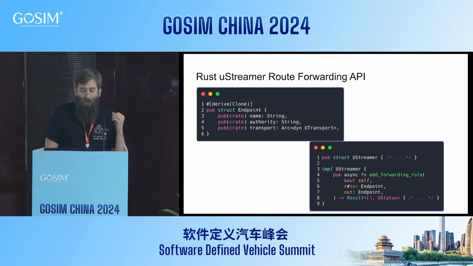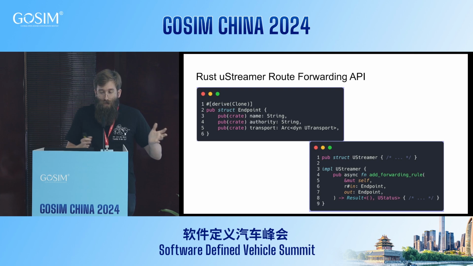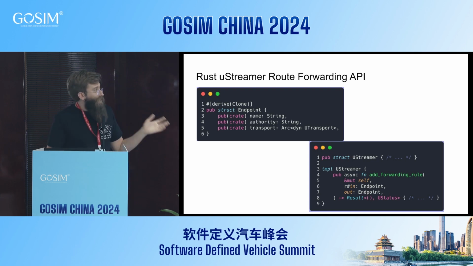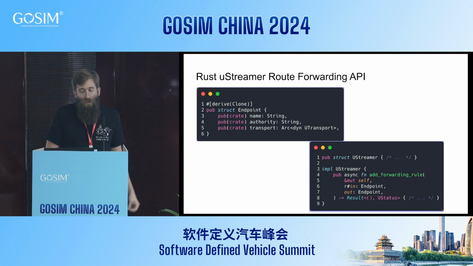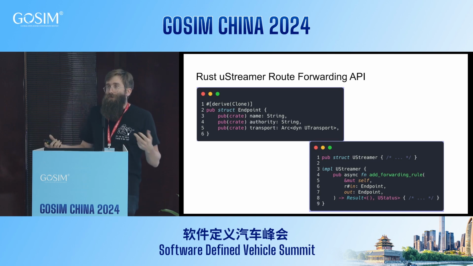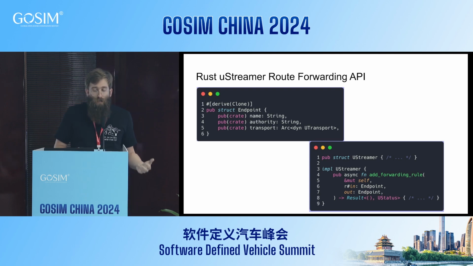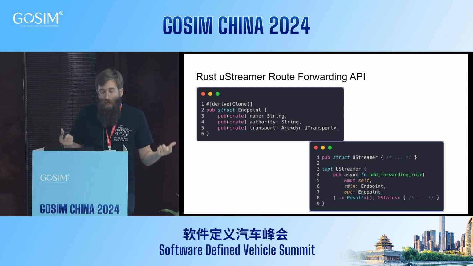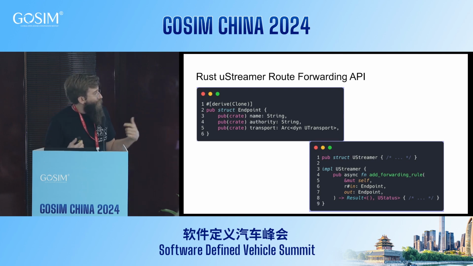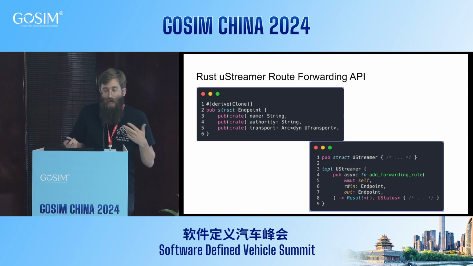The key here really is in the endpoint, you have an authority, which is essentially some ID that describes some logical or physical device. And then you have this transport, which, as I mentioned earlier, really just has send, register listener, and unregister listener. So you can take any reference transport that we've written, but you could also write your own, and then plug them in here to route between any two transports whatsoever that you would like.